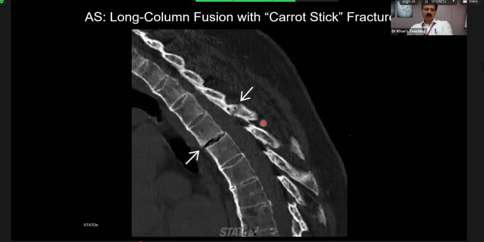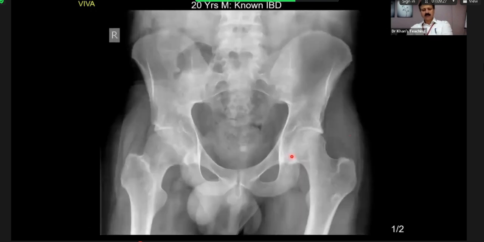Look at this CT scan of another case, which shows the same thing, going through the posterior element. I've seen one case in my clinical practice where it was seen on a CT chest, abdomen, and pelvis, but missed because nobody thought about it. The patient had some trauma, and we did a CT chest, abdomen, and pelvis, and there was this fracture, but we missed it.